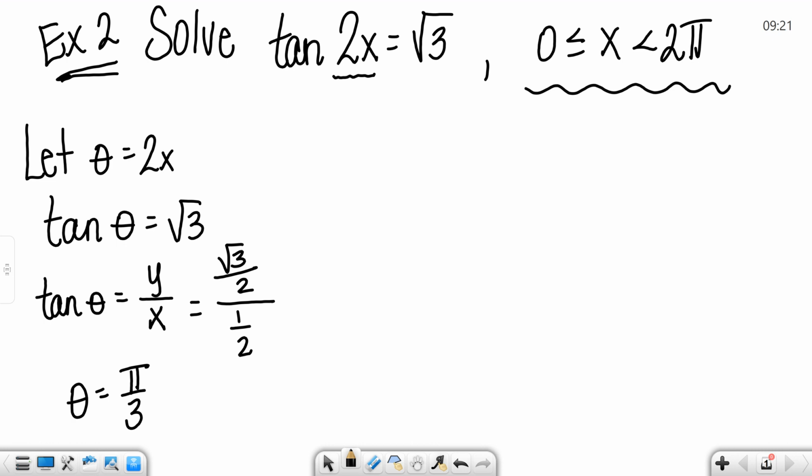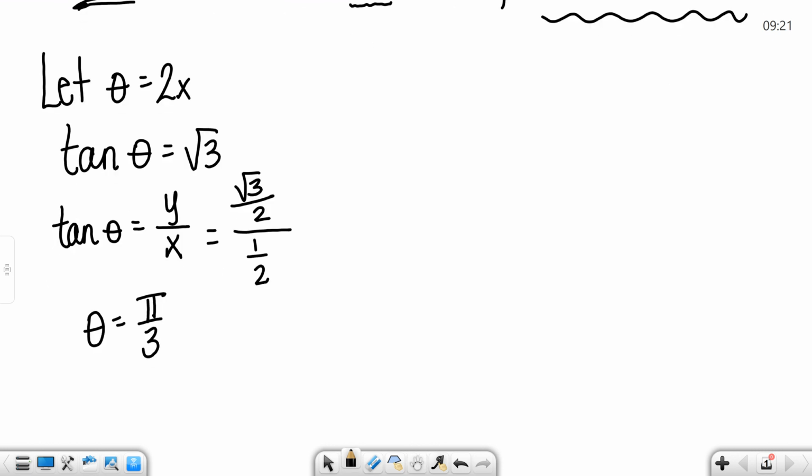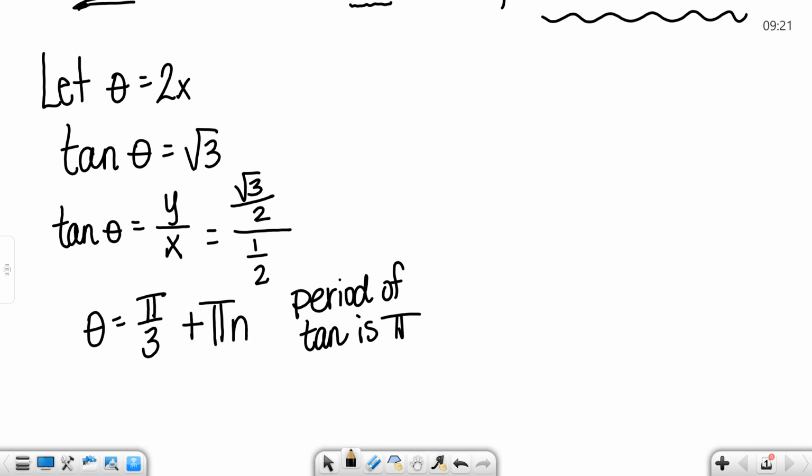Now I know we said we're only going to stay in the unit circle once, but remember, we substituted theta is 2x, so we do have to take that into account. If I go around the unit circle and find the next value for tangent, the period of tangent is pi. So this time, that's what I'm adding to pi over 3. I'm adding any multiple of pi.